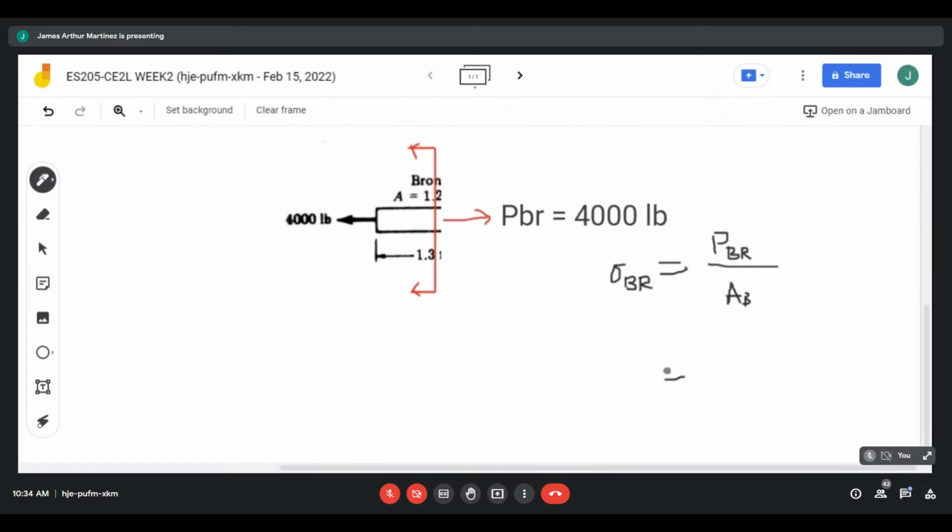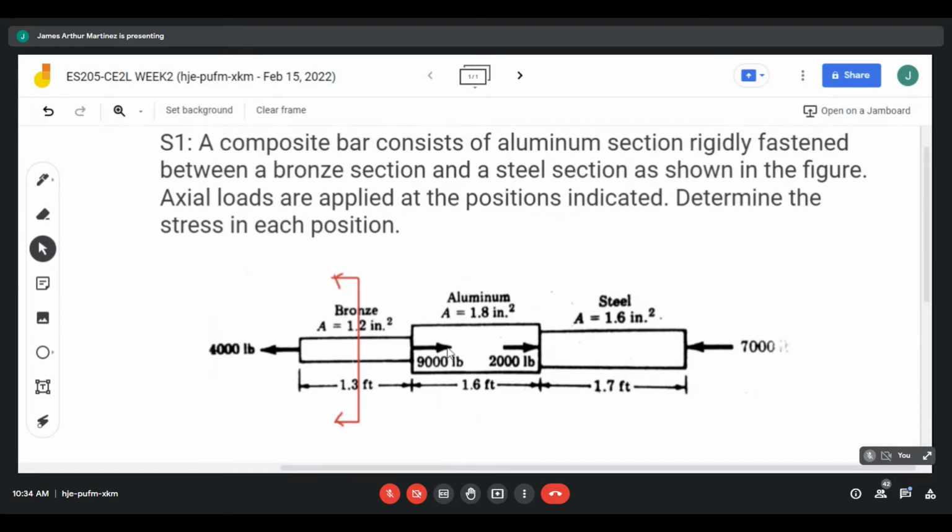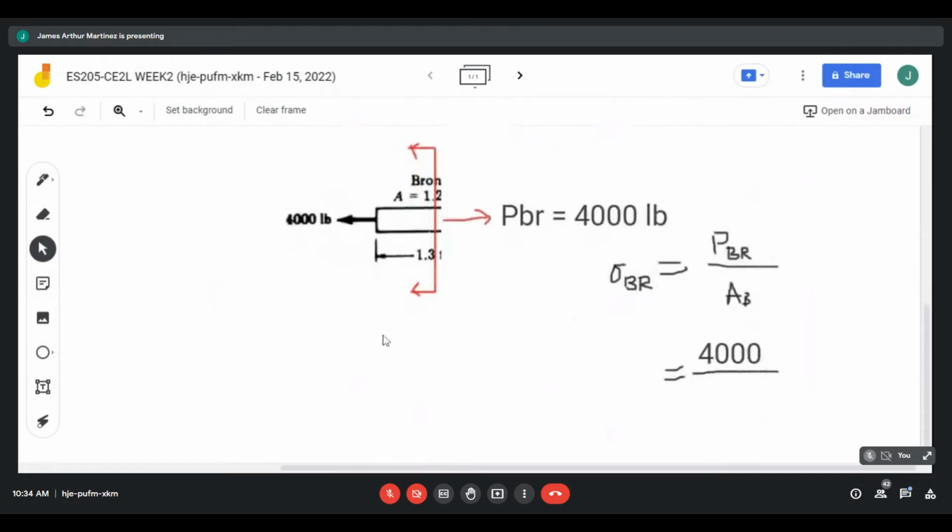We have the internal reaction of 4,000, and the area of bronze is given as 1.2 inches squared.